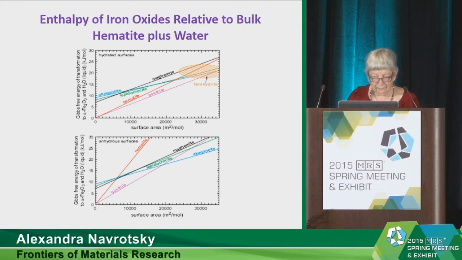Okay. If we then take a look again at other materials, for example, other iron oxides, what we find is that there are a large number of iron oxide and iron oxyhydroxide polymorphs.